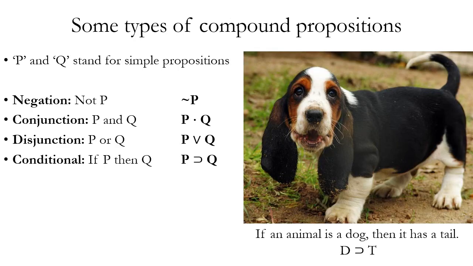So here are some of the main types of compound propositions. Note that the capital letters P and Q are standing for simple propositions. The negation is usually represented by the English word not, and we can symbolize it by a tilde.